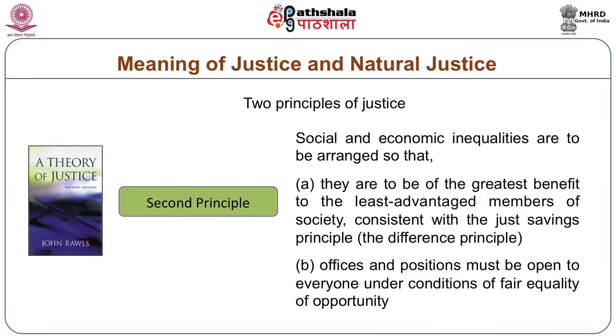And the second aspect of this equality principle is that there should be a fair equality of opportunity. So these two principles of justice, liberty and equality, with the difference principle and the fair equality of opportunity, present the framework within which we can understand what justice is in the Rawlsian conception.